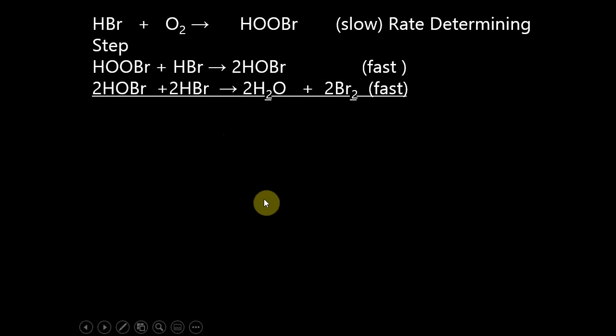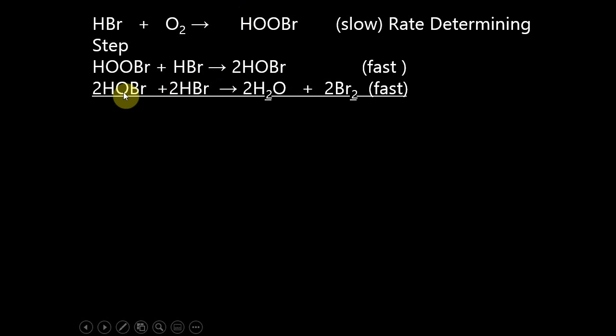Here's an example of what I mean by that. So let's say I take a hydrogen bromide and an oxygen, and we make this kind of weird thing here. So the oxygen goes between the hydrogen and the bromine and forms what we call an intermediary. And then from there, in another step, it combines with another HBr and forms 2 of these guys.